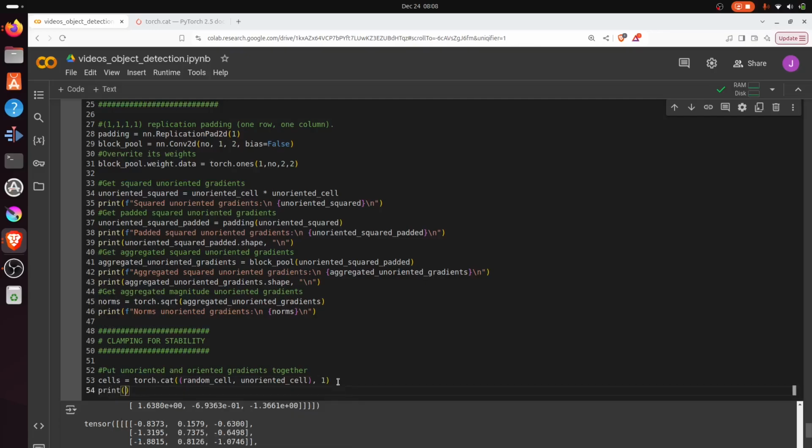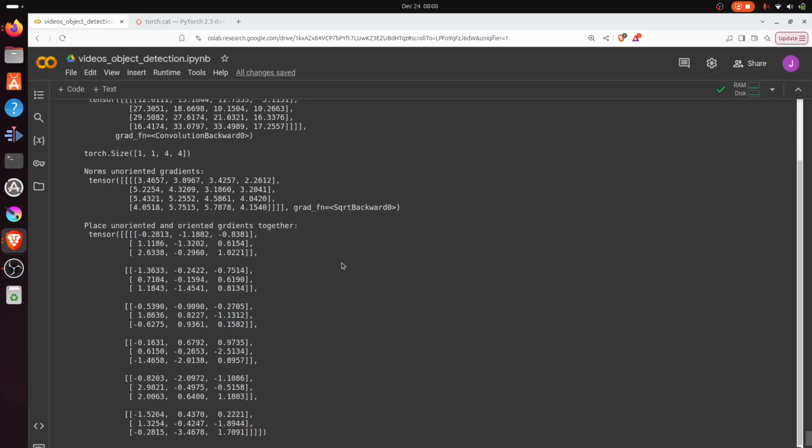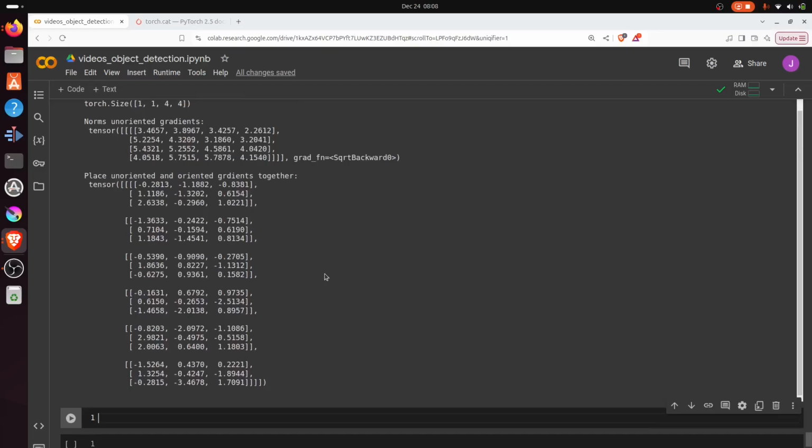So print and place unoriented and oriented gradients together, and okay, so there we have them.